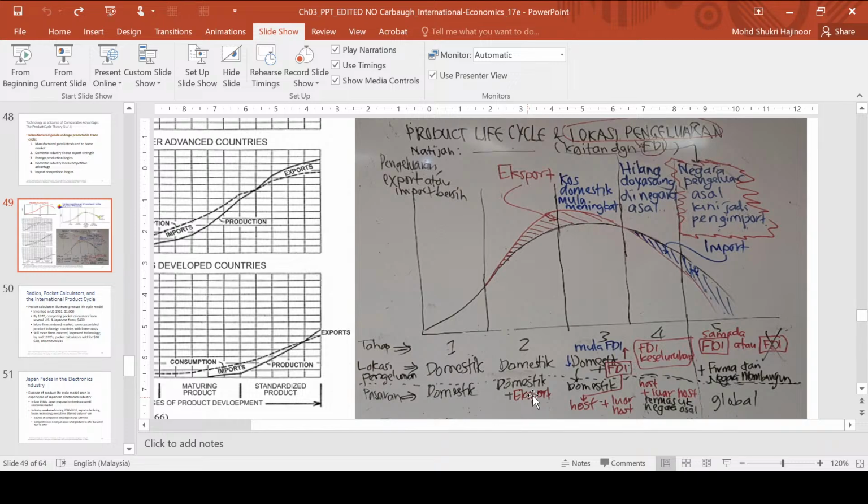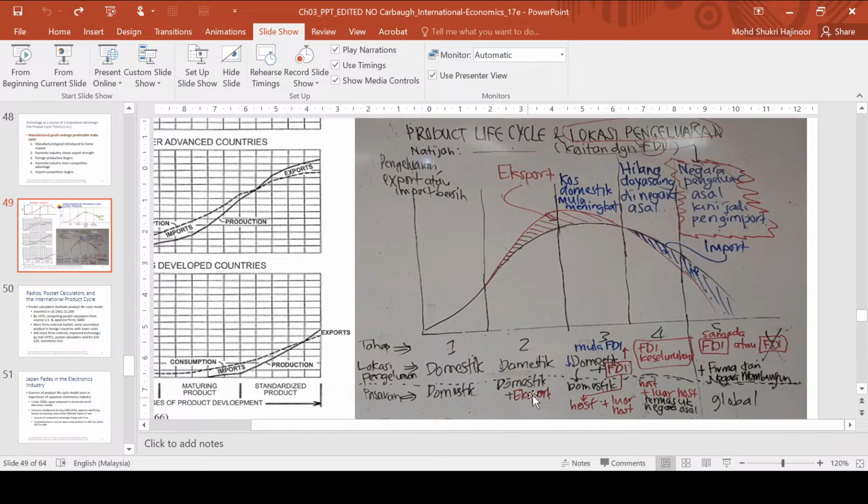During the second phase, the growth phase, the markets are both domestic, and adding to that is the overseas market. It began to export.